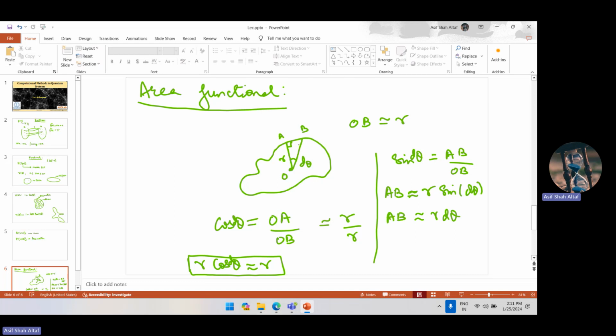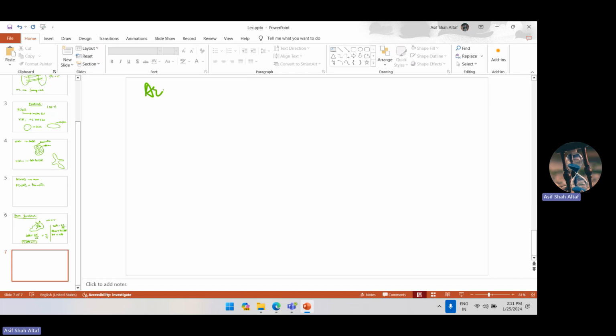Now for this small triangle here, if I wish to calculate the area, then the area can be given as half AB times OA.